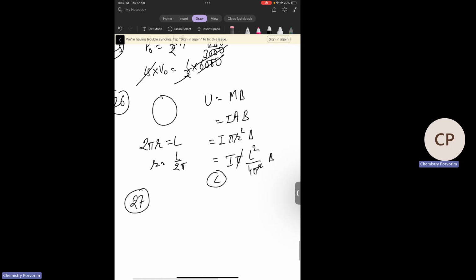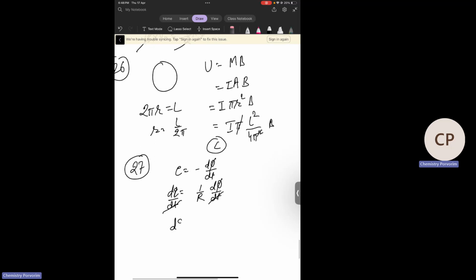27. If a coil of 50 turns, area 5 cm square, is suddenly removed from a transverse magnetic field of 0.2 Tesla, if the resistance of coil is 100 ohm, then charge flow in the coil. Okay. Induced EMF is minus d phi by dt. Current I is 1 by r d phi by dt, and this is dq by dt.